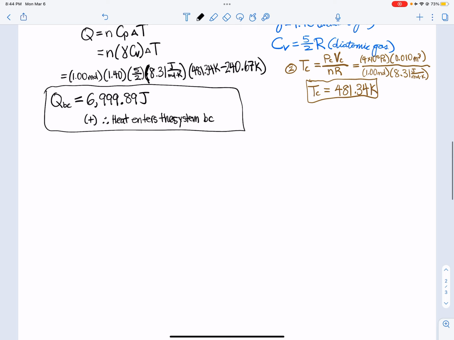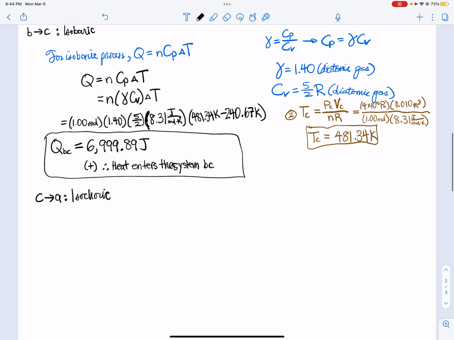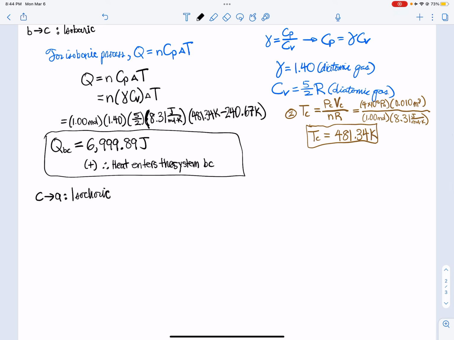All right, and then the last part of the problem for process CA, that's isochoric, right? So we're going to use the first law again, which is delta E_th, or the change in thermal energy, is equal to heat transfer minus work done by the system.